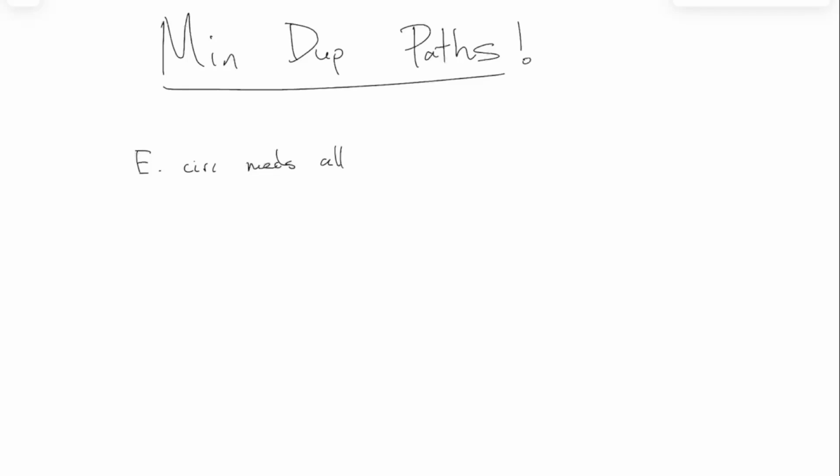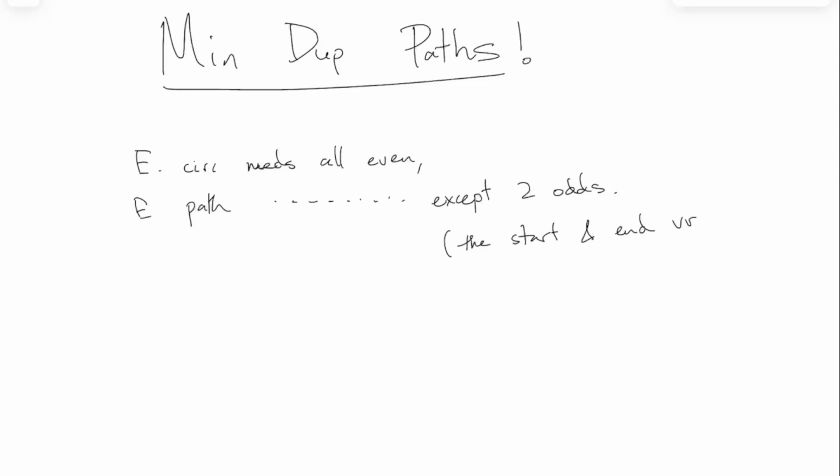An Euler circuit needs all even. An Euler path needs all even except 2 odds, right? And those two are the start and the finish. The starting and the ending vertex will be the odds. All right?